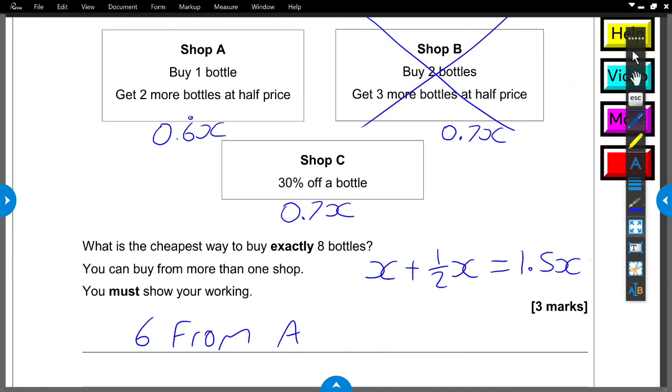And we're dividing that by 2, so 1.5 over 2. That's the same as, if I times this up, 3 over 4, which should be a fraction you know, and that's 0.75. Or again, you could just divide the 1.5 by 2 and you get 0.75 anyway. Now that 0.75x, that's bigger than 0.7x. So clearly we want to get the other 2 from shop C.